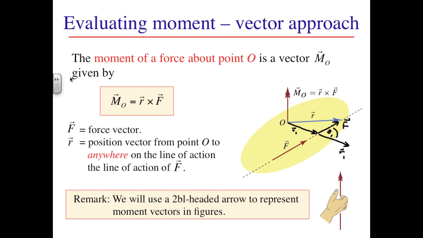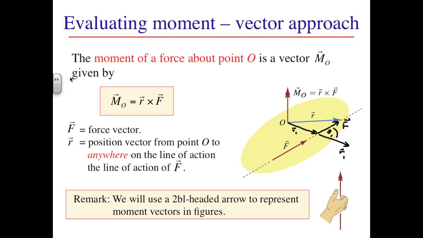If you are uncomfortable with the scalar approach, you can always fall back to the vector approach. This slide is particularly useful because it demonstrates that it doesn't matter where on the line of action of F the position vector lands. I have drawn first a position vector R1.